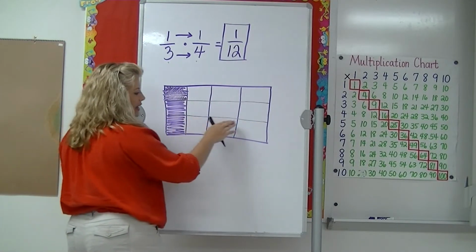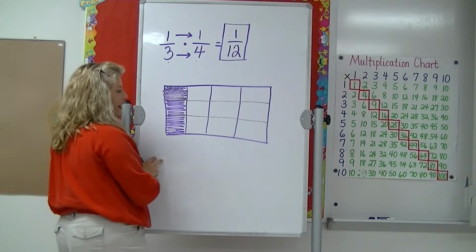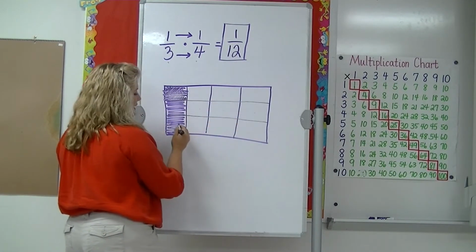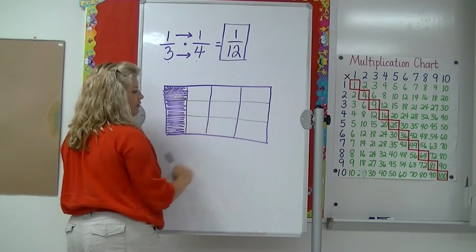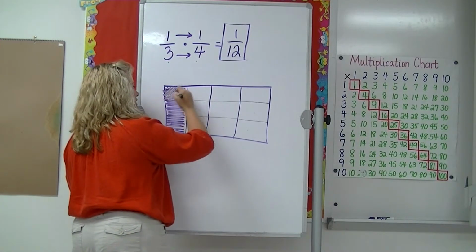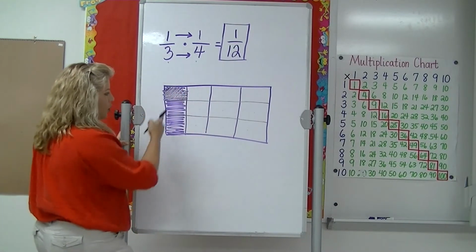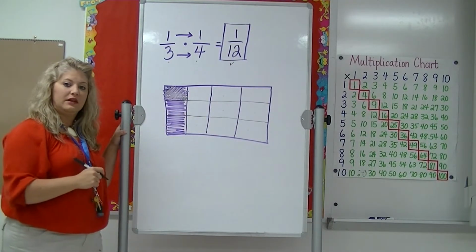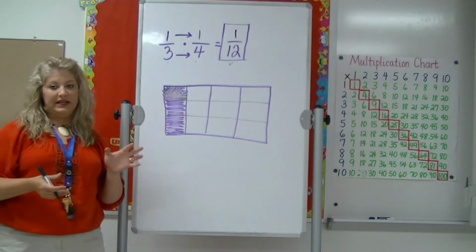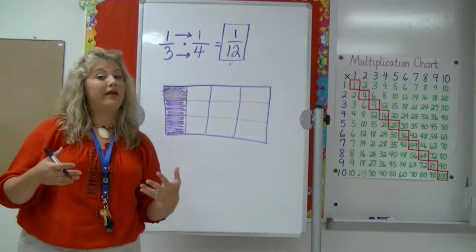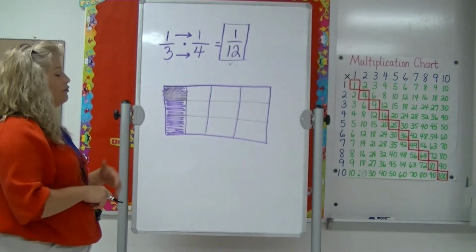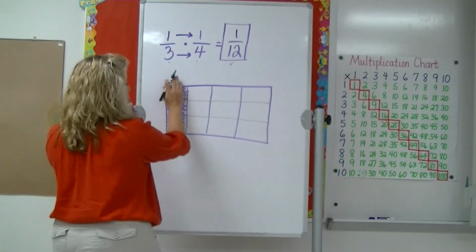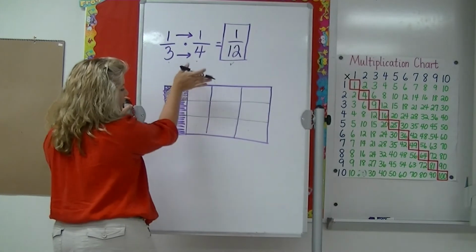I just extend my lines for the 1/3, and I end up with 1, 2, 3, 4, 5, 6, 7, 8, 9, 10, 11, 12, and I have cross-colored with the purple and the black 1 of 12, or 1/12. That's how visually or pictorially or with a model you can represent multiplication of fractions. You're crossing over or overlaying 1/4 with 1/3.